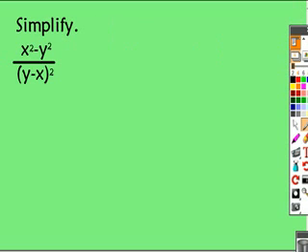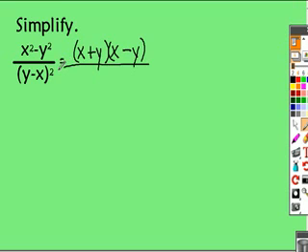Next, your numerator does not have a GCF, but it is a difference of squares. So you want to factor that. Remember when you factor that, different squares, one will be a plus, one will be a minus, x in the first division, y in the second division. The denominator is already factored for you.